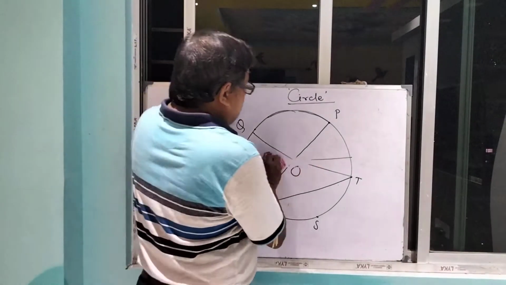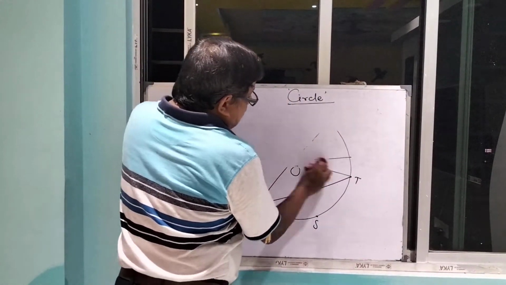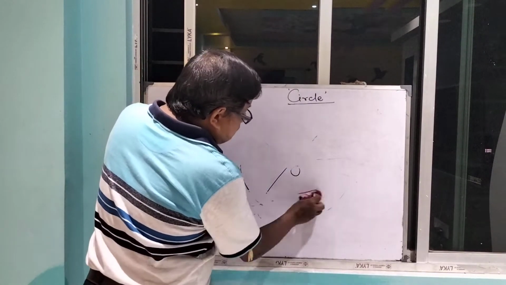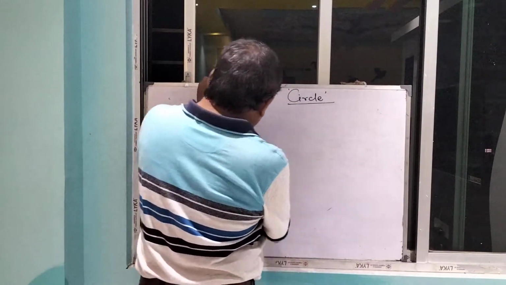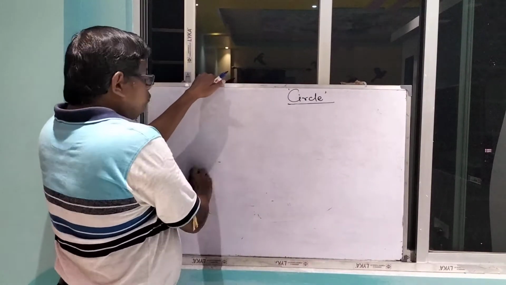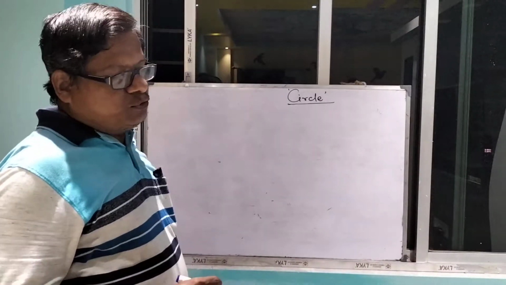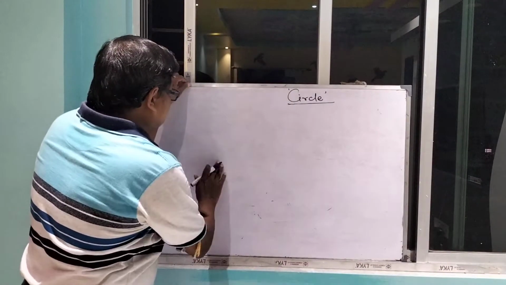A straight line which passes through the center of the circle. With the help of the theory we have to do many applications of circle chapters.